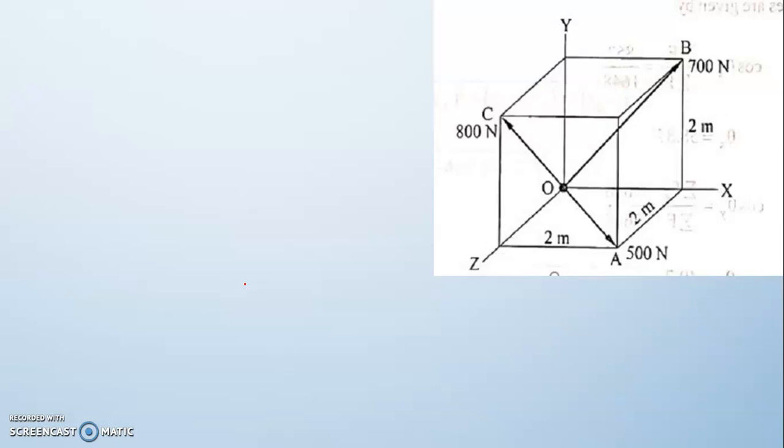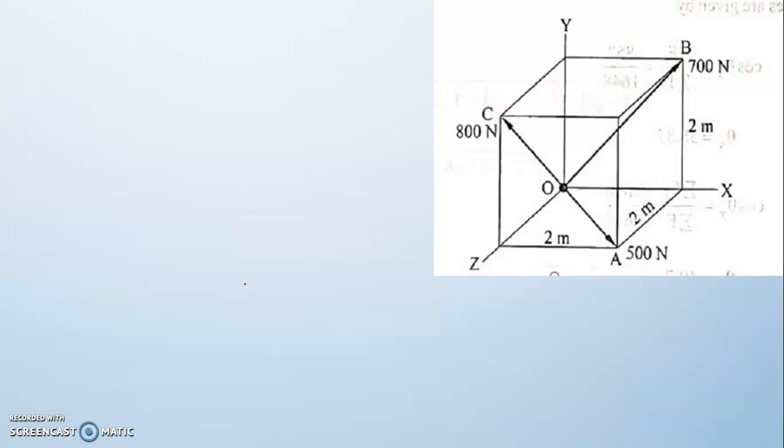With respect to i, that is the x component, the final position is 2 and the initial position along the x-axis is 0. So along the i component we can write 2 minus 0, or 2i. Along the y-axis, point A is at 0 and point O is also at 0, so the j component is 0j.